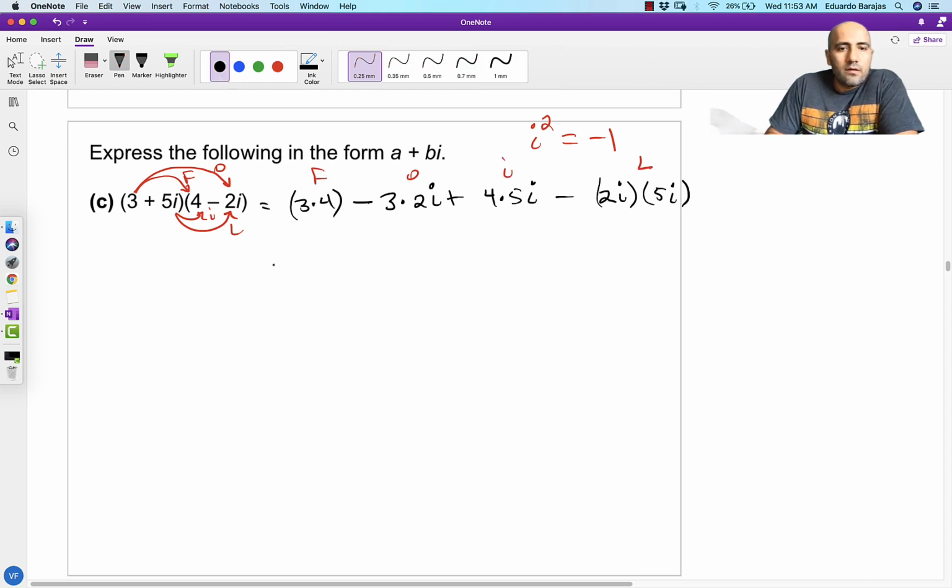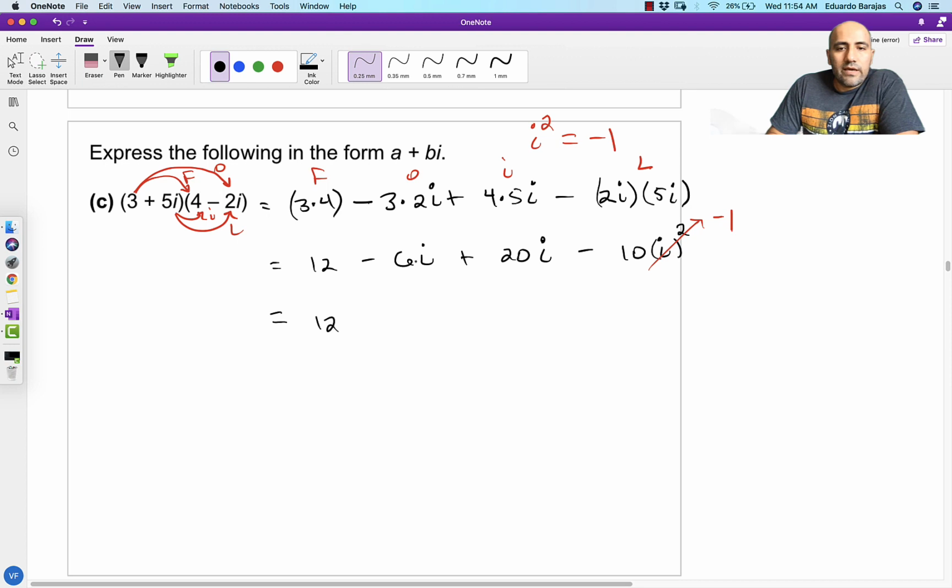And so that simplifies to 12 minus 6i plus 20i minus 10i squared, which we know is just going to be a negative 1.